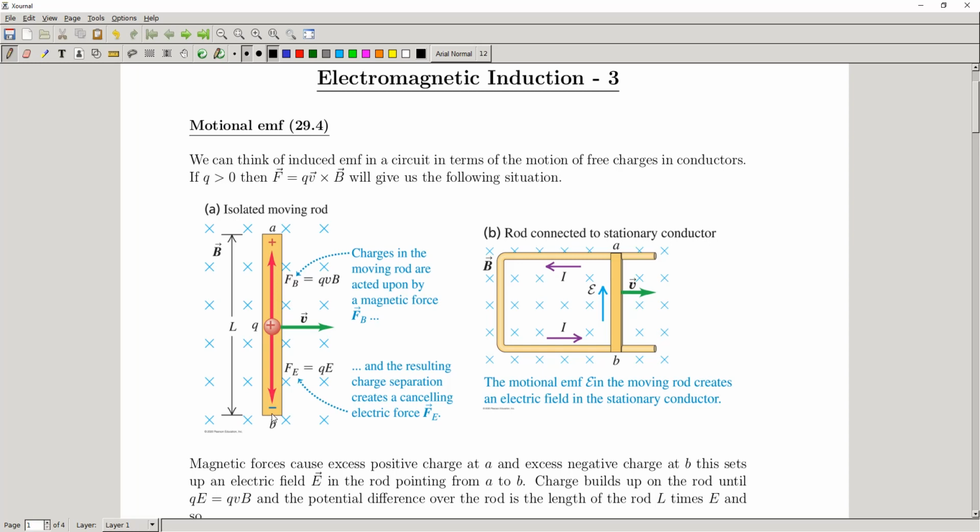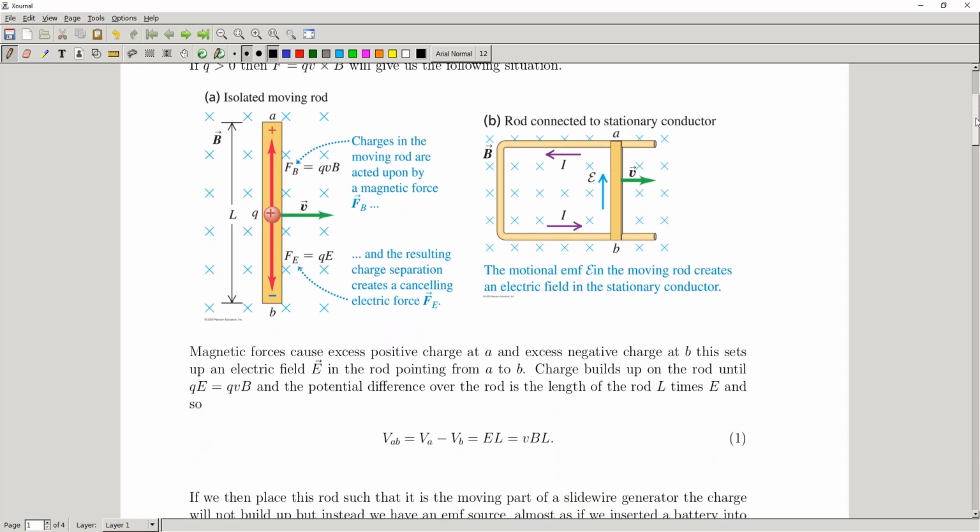Okay, so we're going to have this charge build up until we have a balance in the forces acting on these charges. We're going to have a balance between the force that these charges experience due to the electric force and the magnetic force, right? When these two quantities are equal, we have those two forces balanced, and the whole thing sets up an equilibrium state here.